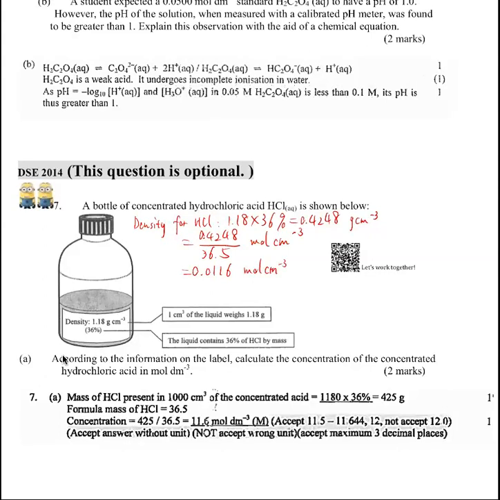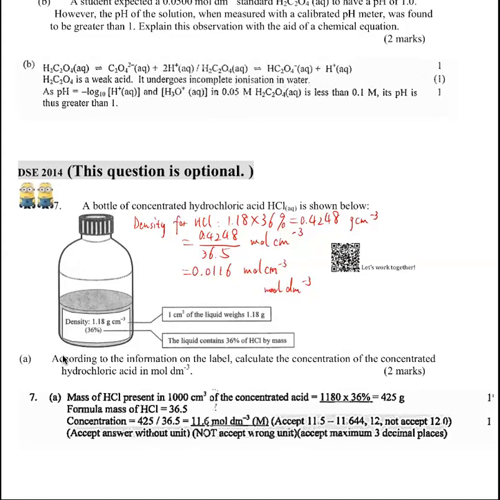Again, if we want to convert it into mole per dm cube, we need to multiply by 1,000. Remember, this number means if we have 1 cm cube, we will have 0.0116 mole in the solution. If we express it in mole per dm cube, that unit tells us if we have 1 dm cube of that solution, how many mole we should have.